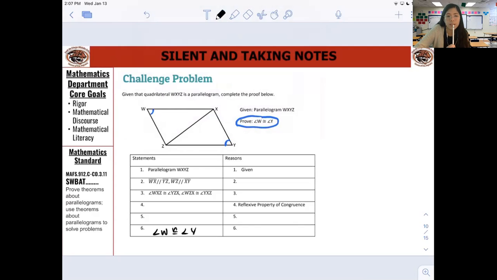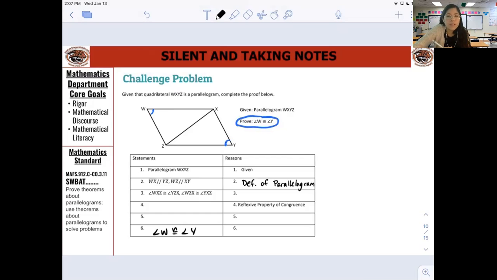WX is parallel to YZ, and WZ is parallel to XY. What is the reason for that? Good. Definition of a parallelogram. Okay. And whoever told you that is wrong. You're going to go into algebra 2.